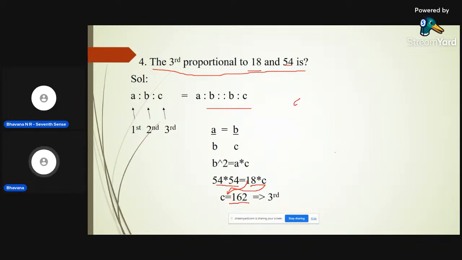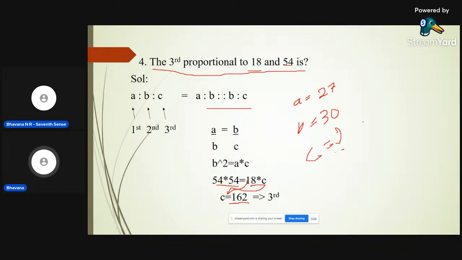A value equals 27, then B value equals 30. Find the third proportion, question mark.